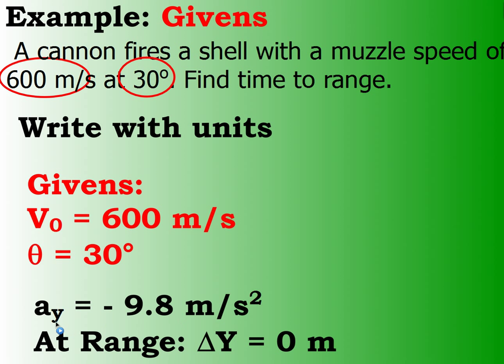They should know that the acceleration in the y direction is negative 9.8 meters per second squared. And at the range, I know the change in the y displacement is 0. So here I have my stated givens and my hidden givens.